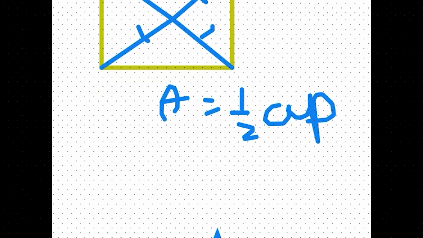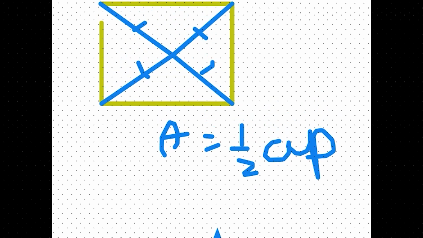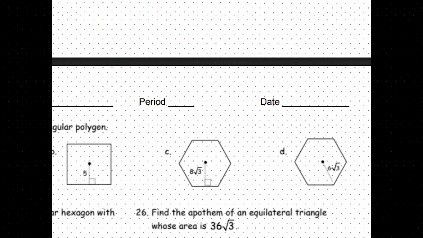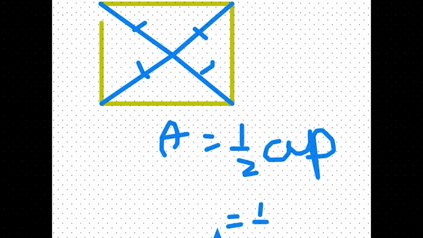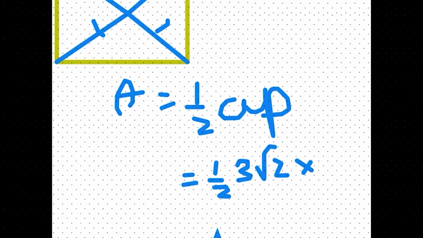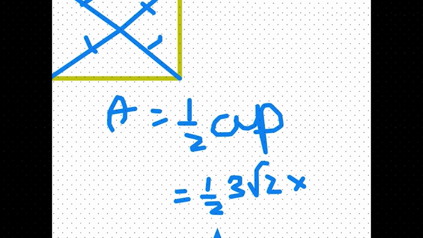So apothem is how much? 3 root 2. So half into 3 root 2 into perimeter. Perimeter is 24 root 2. So that is why it is 36 into 2, 72.